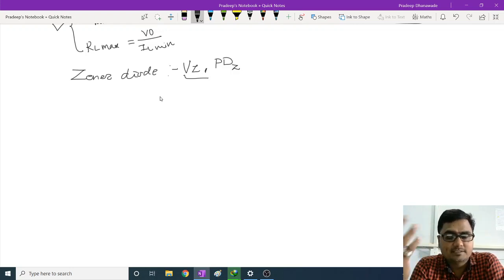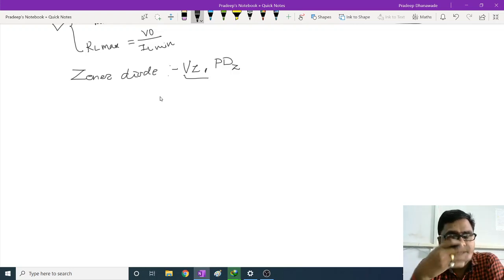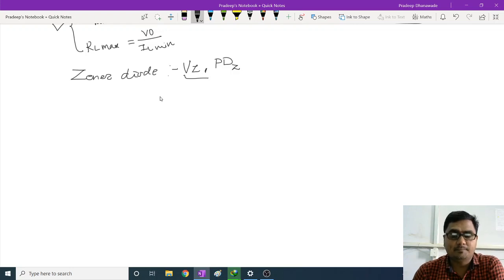In that, the first thing I explained is datasheet reading of a diode. We started with the resistor, then capacitors, and then moved towards the diode. For the rectifier diode we had a discussion, and side by side we had a discussion about the Zener diode also. So this power dissipation is another important factor from which I can select a Zener diode.